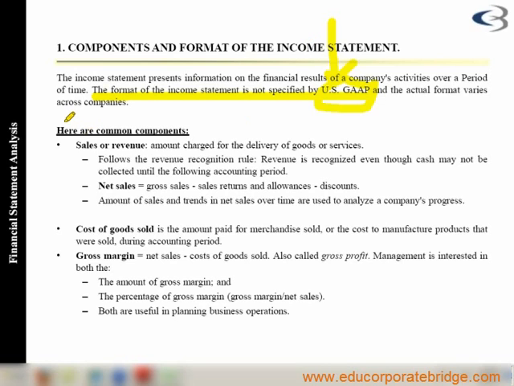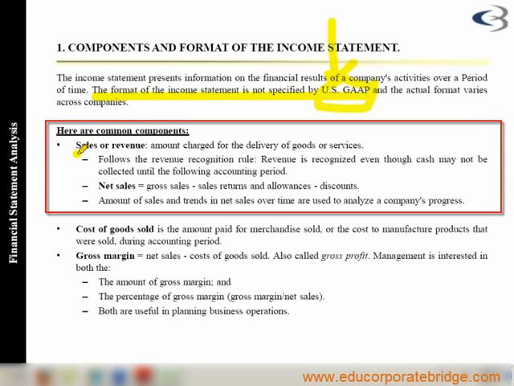But there are some components which are surely common, which are the general components. To start with, the first component is the sales or revenue. That is the amount which you are receiving for providing goods or services. So here we should always follow the revenue recognition rule. That is, revenue is recognized even though cash may or may not be collected.